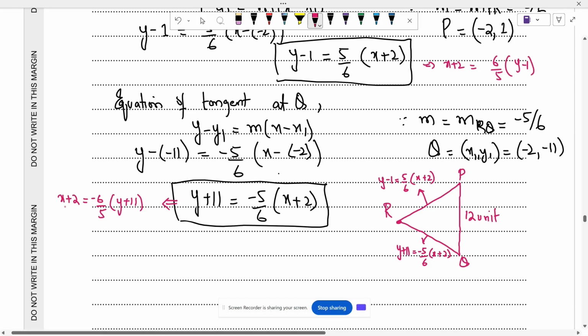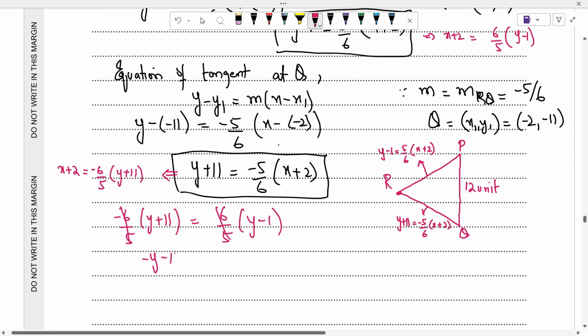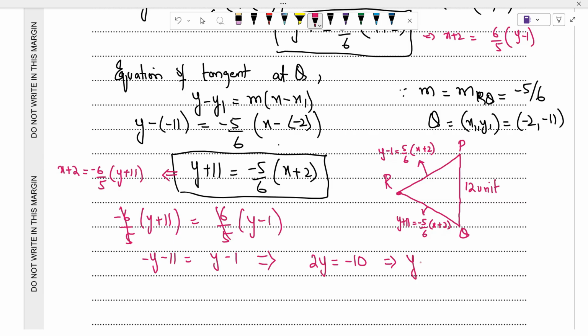Equating this and this, we will have negative 6 over 5 (y plus 11) equals 6 over 5 (y minus 1). Okay, this will be cancelled out and we will have negative y minus 11 equals y minus 1. Further solving, we will have 2y equals negative 10, and y equals negative 5.